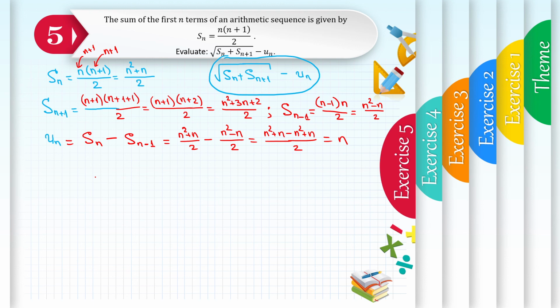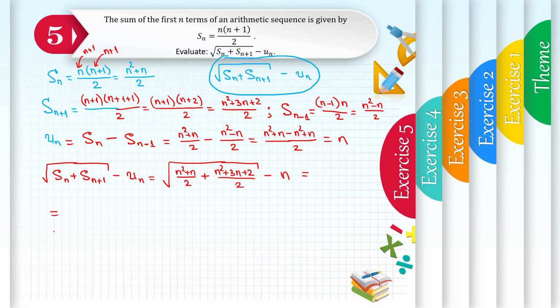So now we have all the components to evaluate our expression. Our expression has the form the square root of S sub n plus S sub n plus 1 minus u sub n, which is equal to the square root of n squared plus n over 2 plus n squared plus 3n plus 2 over 2 minus n.